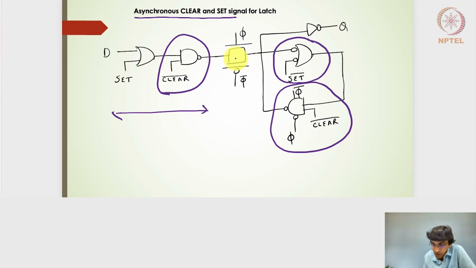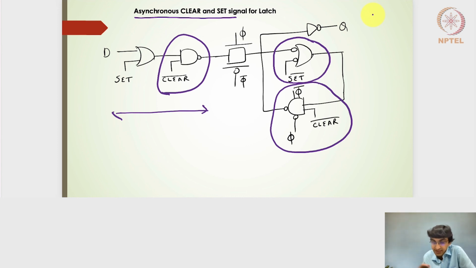So this particular forward path will ensure that when the clock is high, if either the set or clear signal has been pressed, we will get the output to be 1 if it is set, and 0 if it is clear. And when the clock is low, this particular clocked 2-input NAND gate or this particular bubbled OR gate will ensure that the output is 0 or 1 during the phi being low.